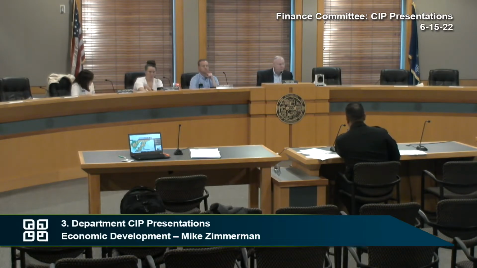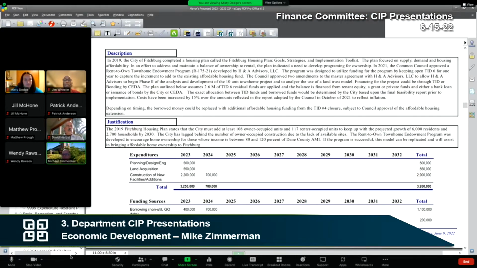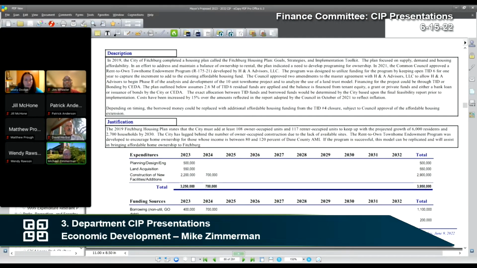Yes. One other thing I guess I would add is I'm working with Misty and hopefully administration and the mayor to possibly come forward with a budget amendment with some existing funds this year in consultation with H&A. As we look to do the site analysis, we're thinking that it might be a better approach to engage with the potential developer, builder, and management companies more on the front end as we're identifying the site.